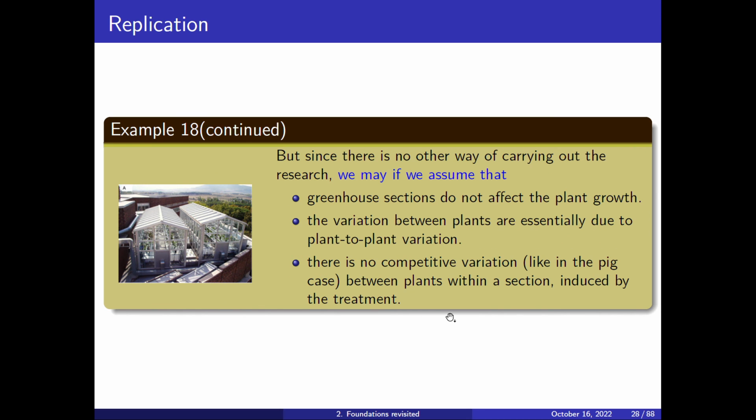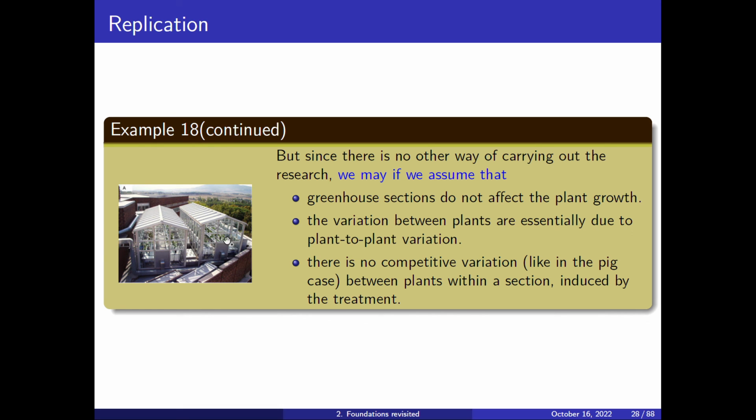So we can use the plant as the experimental unit if we may assume that the greenhouse sections do not affect the plant growth, other than the temperature. So it is not that one of the greenhouse sections is facing north and then it receives less light, and the other one is facing south and then it receives more light.